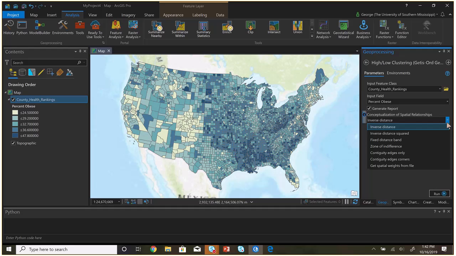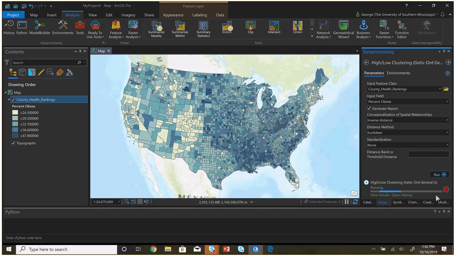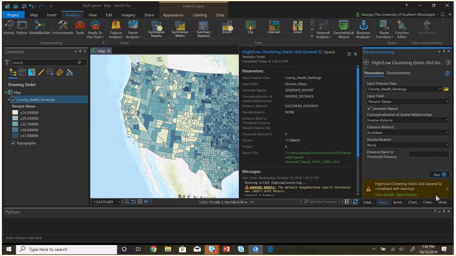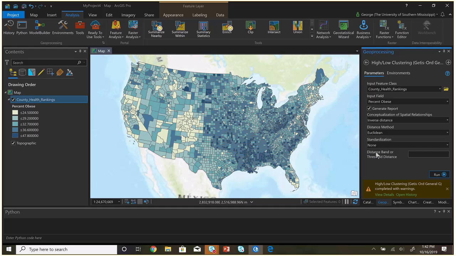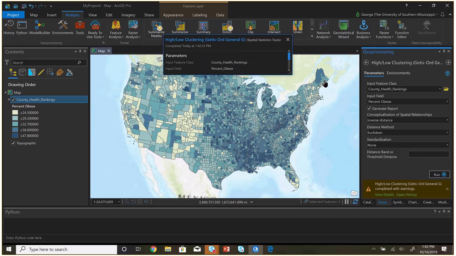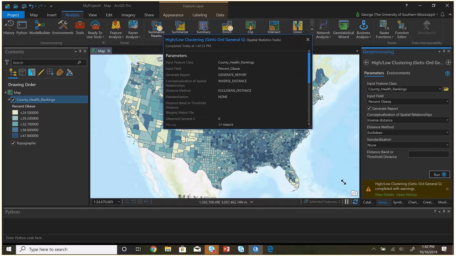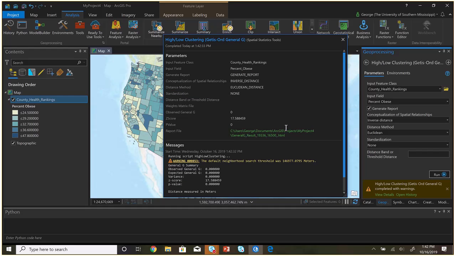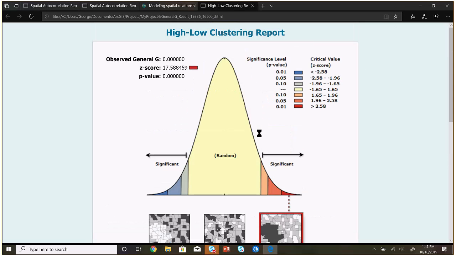I'll just keep it inverse distance. Is this a trend of the high and low? It's just telling you what's expected based on the data that we see.